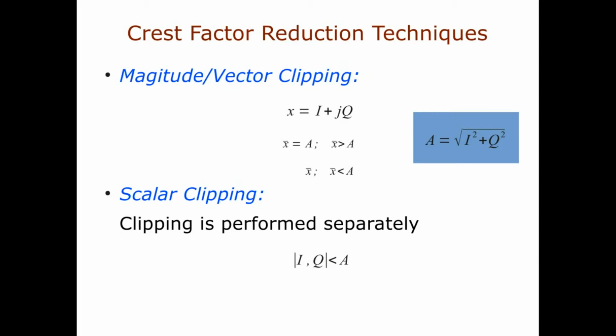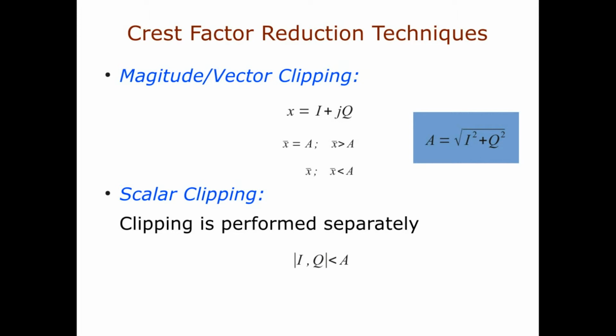So the first technique is called the magnitude or the vector clipping, where the maximum amplitude that is allowed out of the system is some quantity A, and A is nothing but the square root of the sum of squares of the I and Q components.